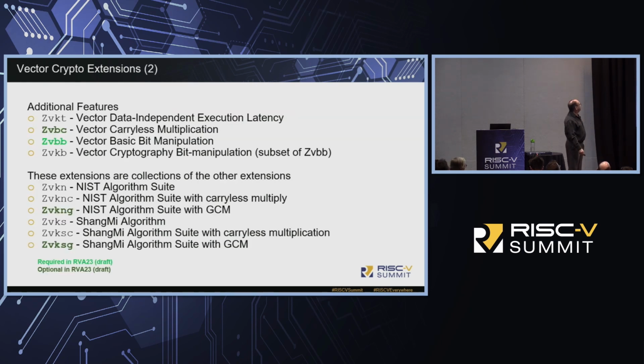So we have a few other extensions as part of the whole cryptographic extension. ZVKT is similar to ZKT, and this is data independent execution latency. And the idea here is that an adversary can't tell what your data is by how long it takes an instruction to execute.